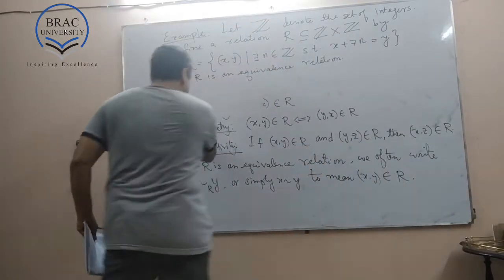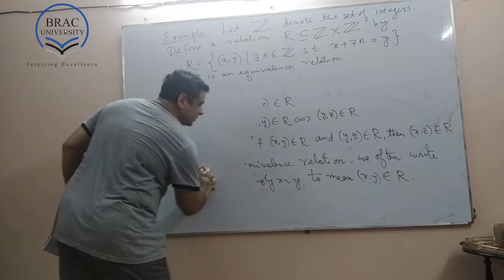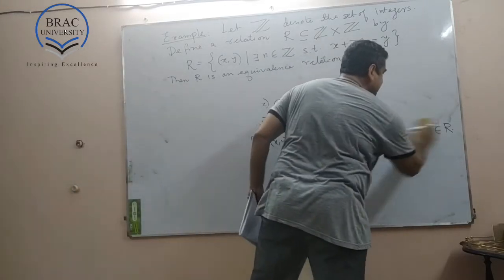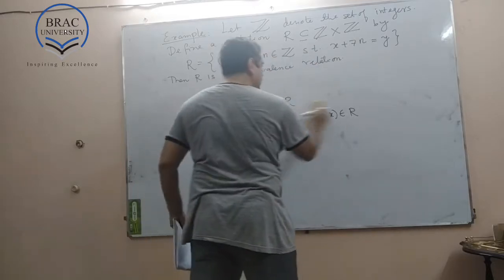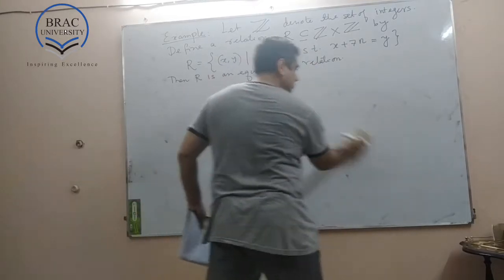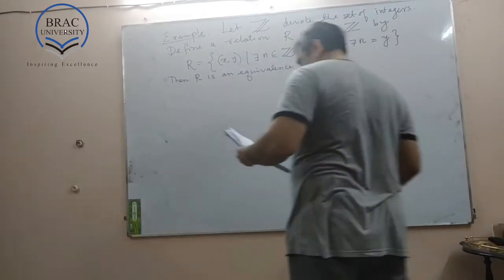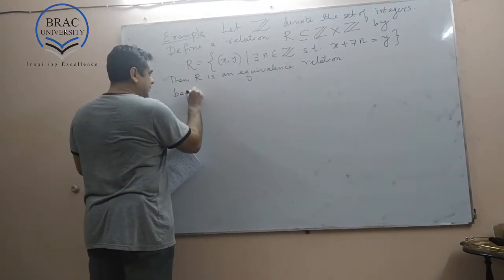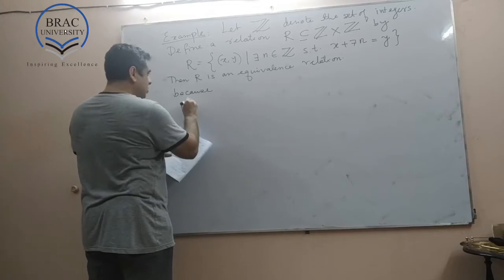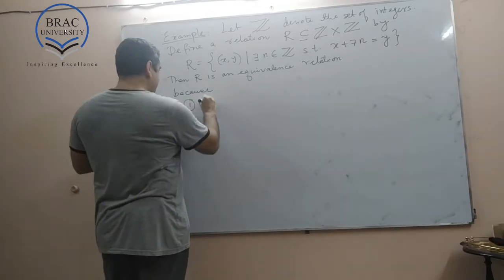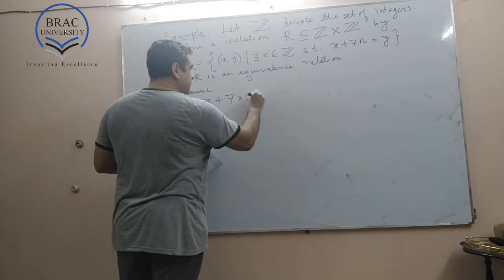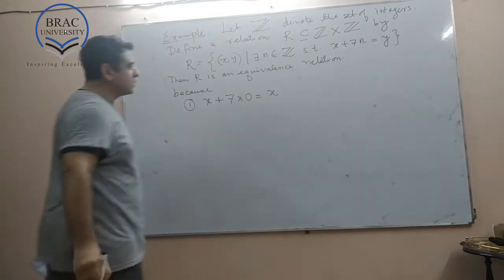Okay, let's prove it. I mean, there's nothing to prove. We check, we verify that R is indeed an equivalence relation. First, x plus 7 times 0 is equal to x.